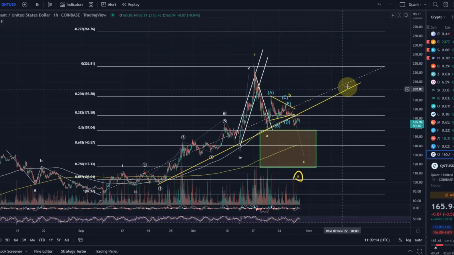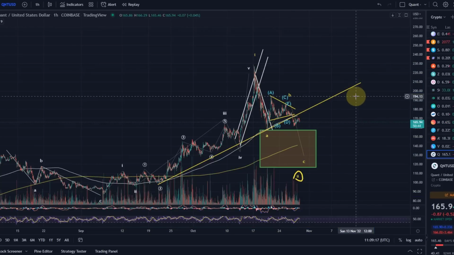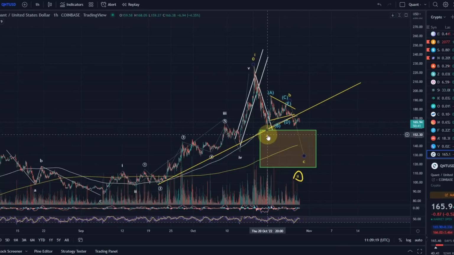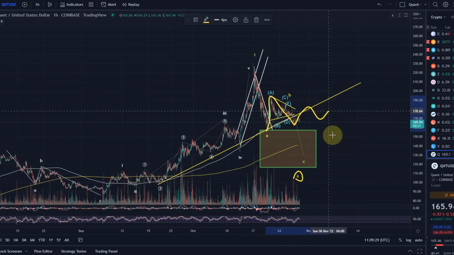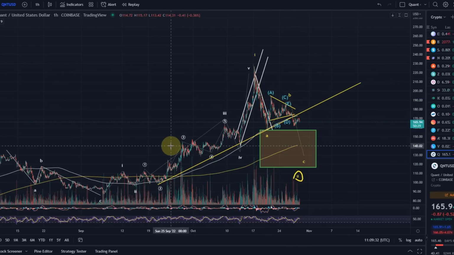The alternative interpretation would be that wave B is still not finished, that this either becomes a larger triangle, which is possible as well. I mean, there's nothing really stopping this chart from just extending out in a larger A, B, C, D, E, and then come down. That's possible.